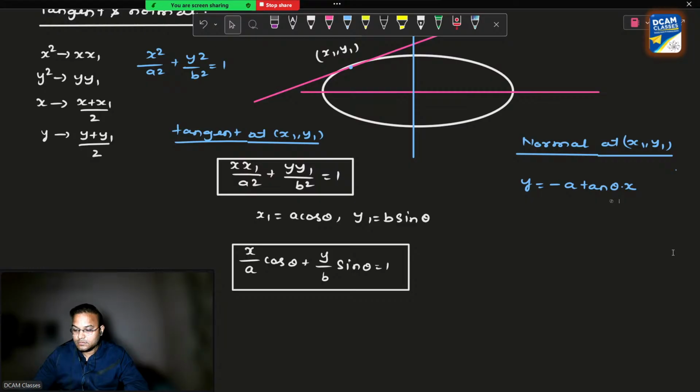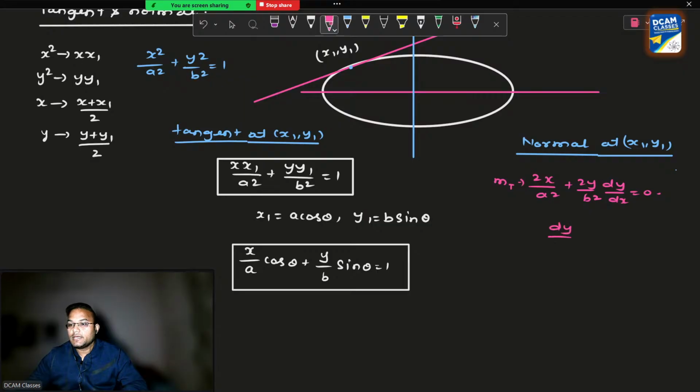Sir, could you show how to do it? See, it's easy. First, you need to find out the slope. First, the slope of the tangent is 2x by a square plus 2y by b square dy by dx is equal to 0.